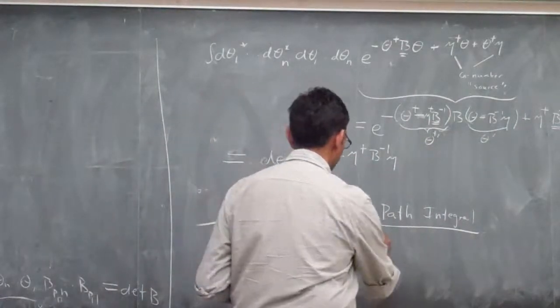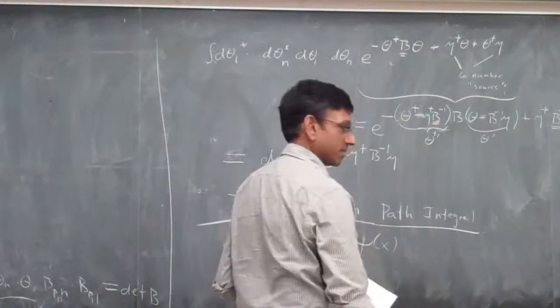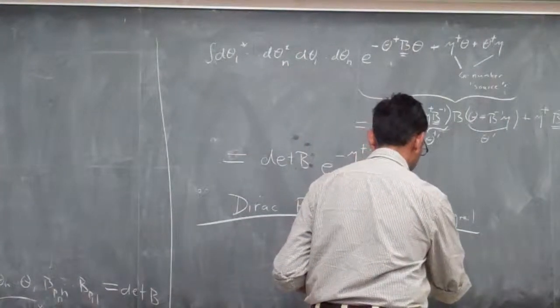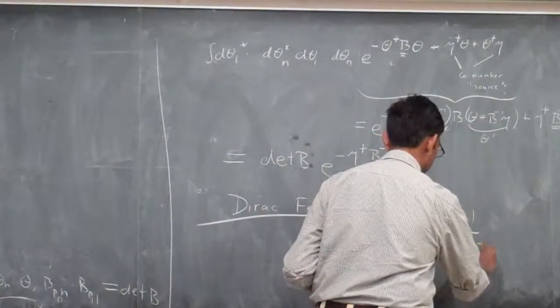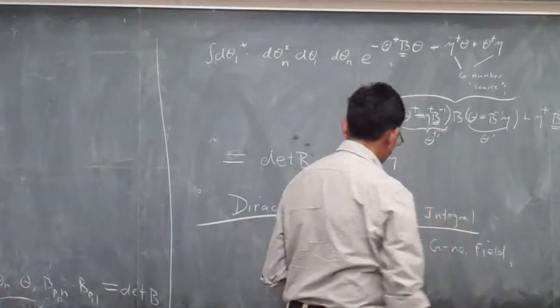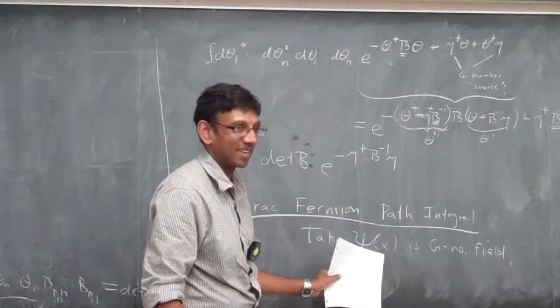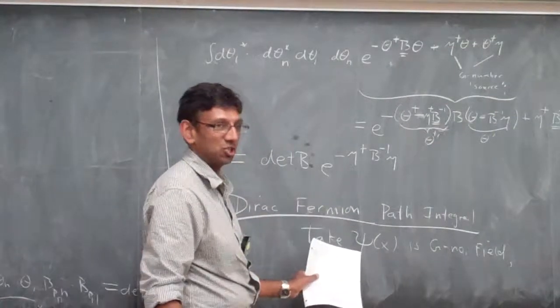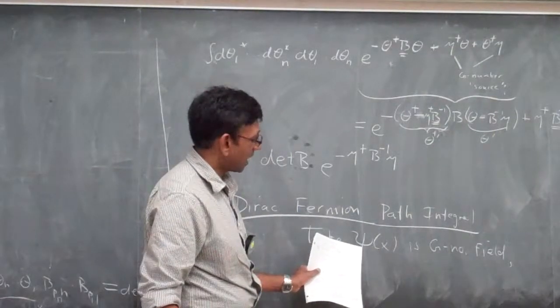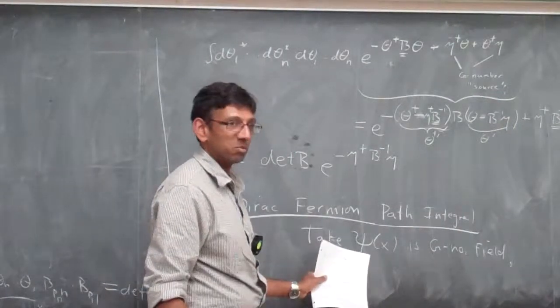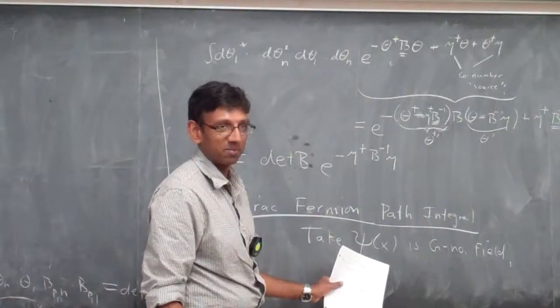So first, the Dirac field is a G-number field. It's a function of ordinary C-number space-time, but the value of the field at that point in space-time is a G-number. Psi at the North Pole anti-commutes with psi at the South Pole.